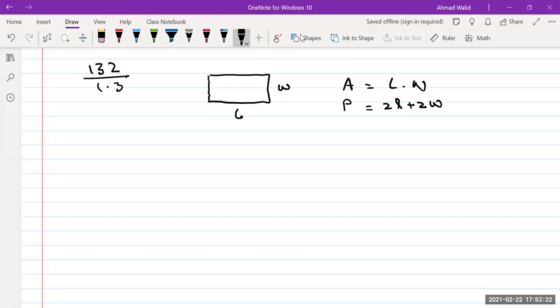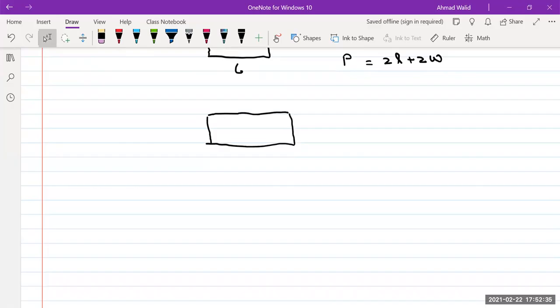Now, in these problems, let me start with a rectangular shape. I'll explain how you solve a word problem. For example, you have a backyard that is a rectangular shape, and you have some extra fence at home.